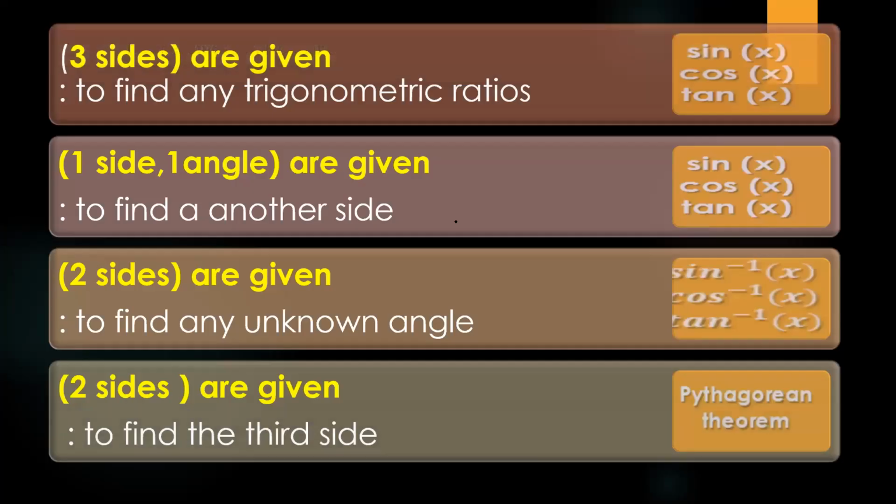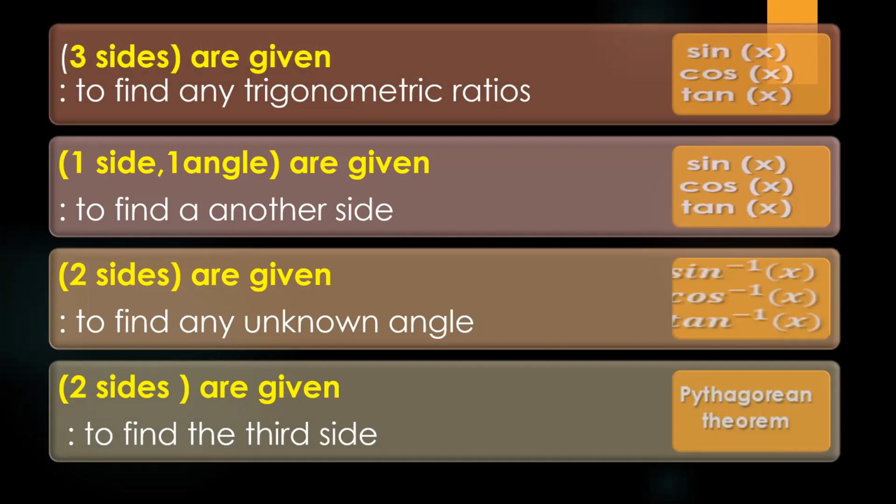Okay. Let's now summarize what we talked about in this lesson. If I give you 3 sides, and I'm asking you to find any trigonometric ratio, you will use sine, cosine, and tan as you know before. If I give you one side with one angle, and I ask you to find the other angle or the other side, you will also use sine, cosine, and tan.